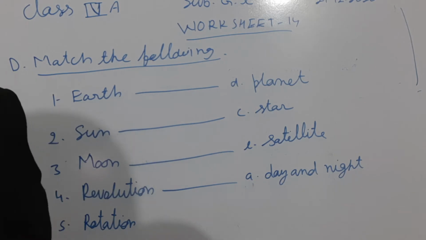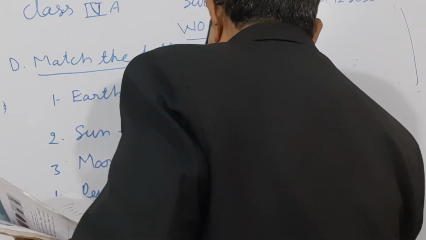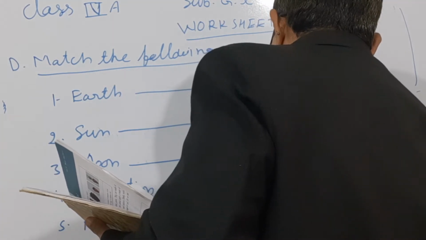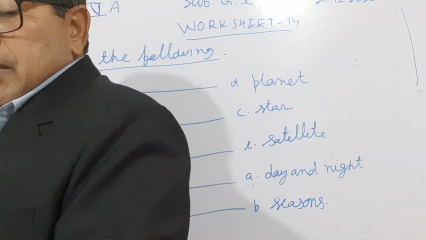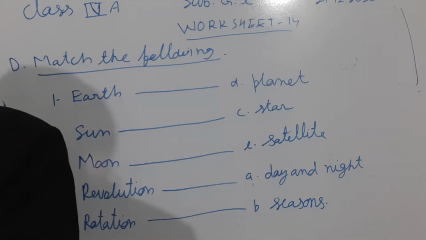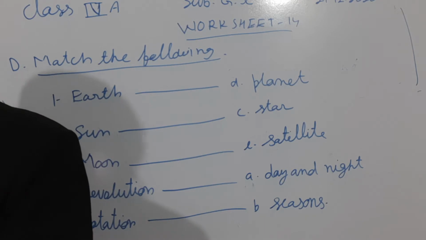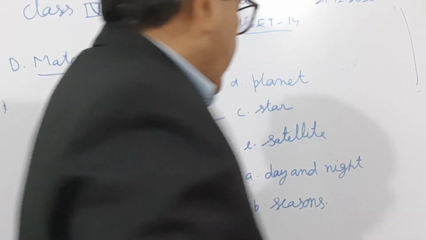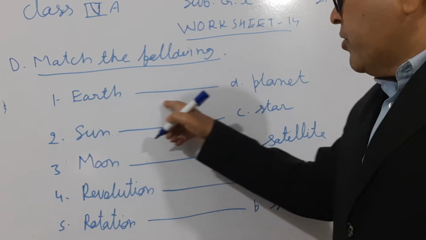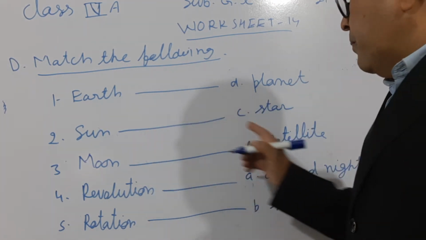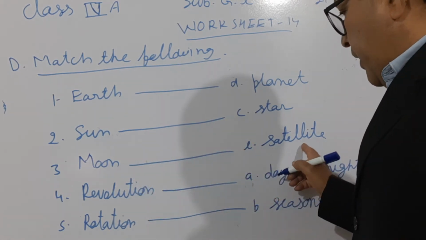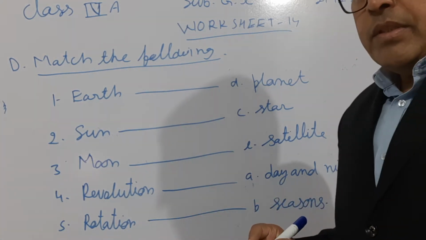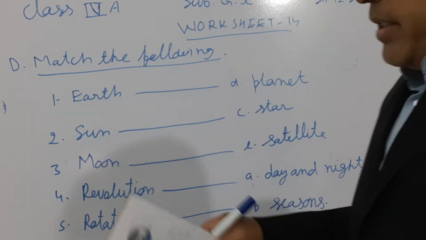The rotation that causes seasons, that is B. Once again, this is the earth, planet; sun, that is star; moon, satellite; revolution, day and night; rotation, seasons. So in this way you have to write.